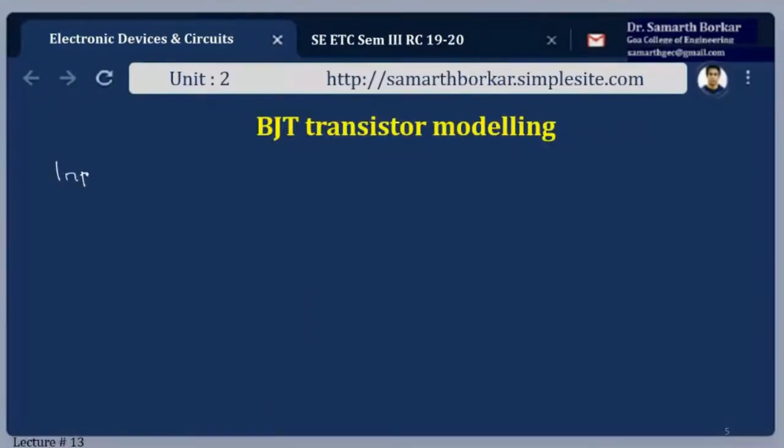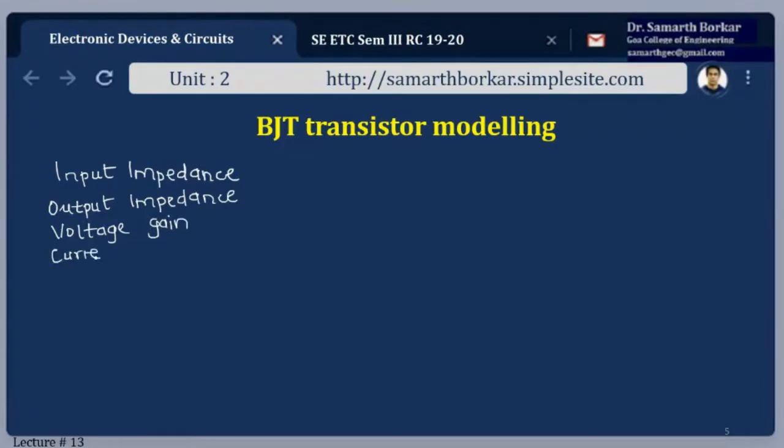Input impedance, output impedance, voltage gain, current gain, and we have something called power gain, which is the product of voltage gain and current gain. So these are the four important parameters we can say.